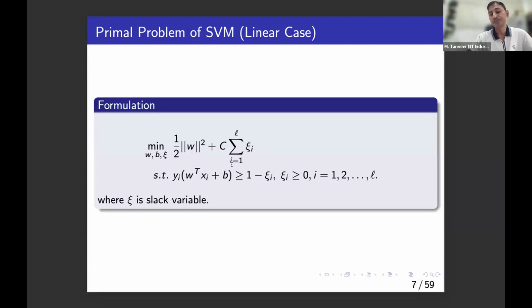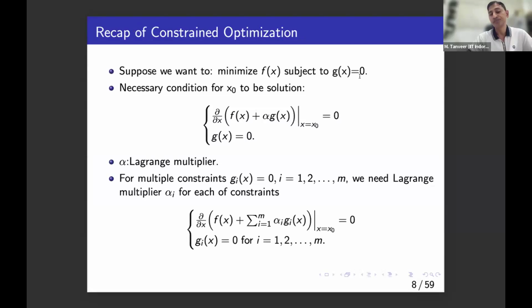If we want to minimize a function subject to the equality constraints, then in this case the necessary condition for a point x naught to be a solution is that the partial derivative of this Lagrangian vanishes, along with our constraints.